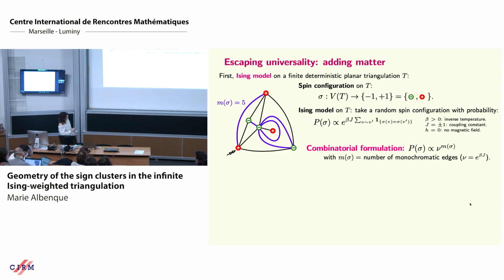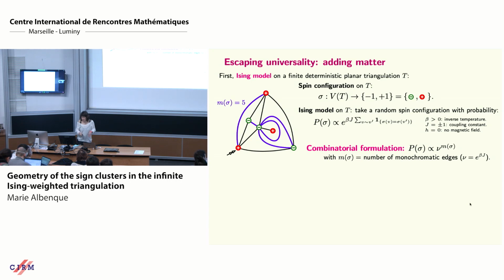A monochromatic edge is an edge where both spins at its extremities agree. Here, for instance, I have 5 monochromatic edges, which are the edges in flat blue here. So I sample this specific configuration with a weight of nu to the 5. It's just a simple change of variables between the two points of view.